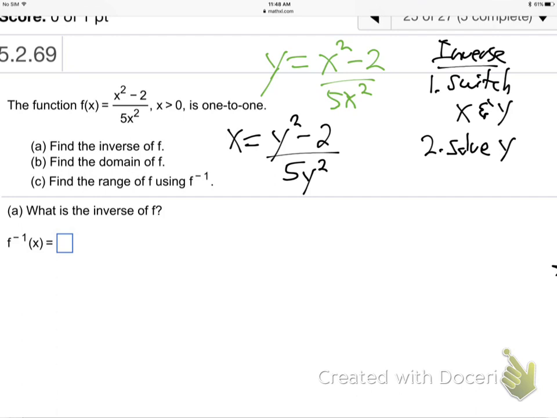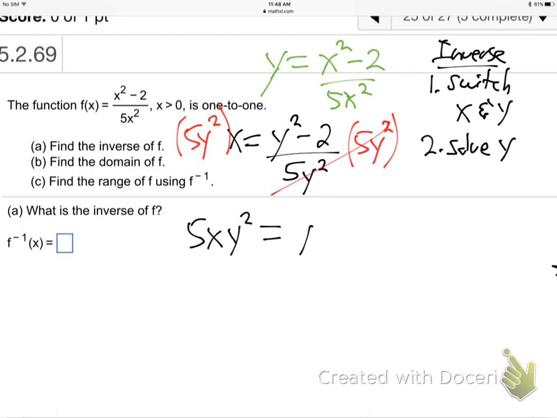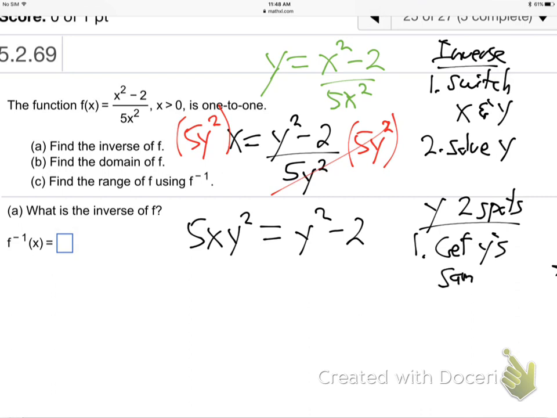So multiply both sides by 5y squared. Boom, like that. It's gone. So then we get 5xy squared is y squared minus 2, like that. You good? Now we got y in 2 spots. What do we do? Get the y's on the same side.